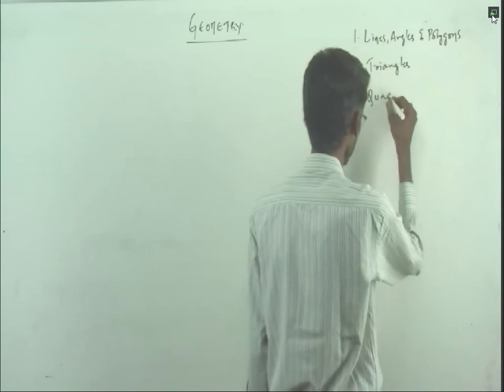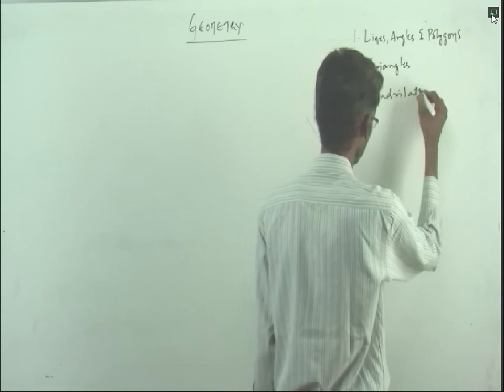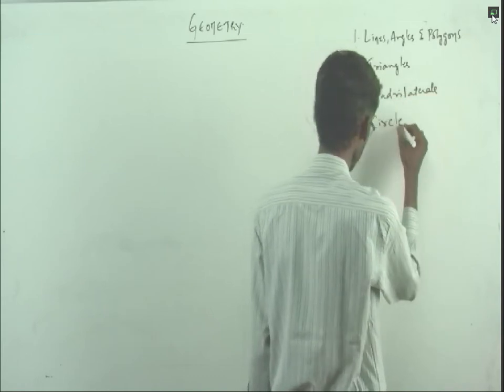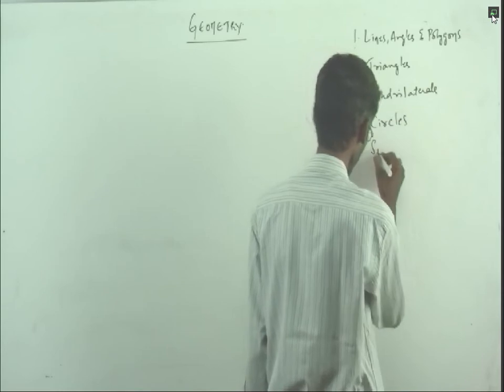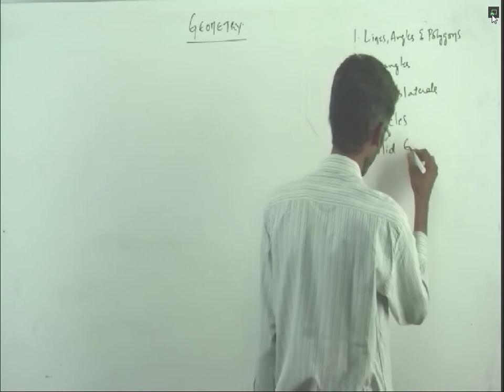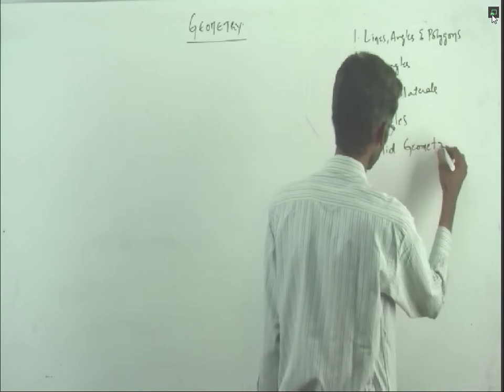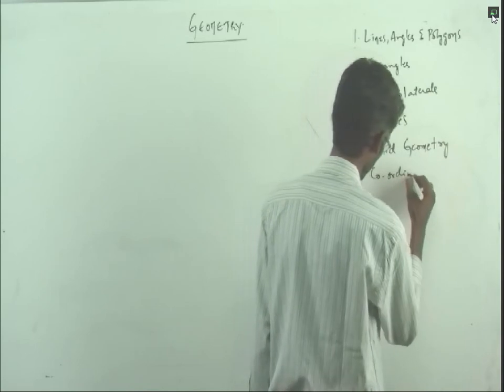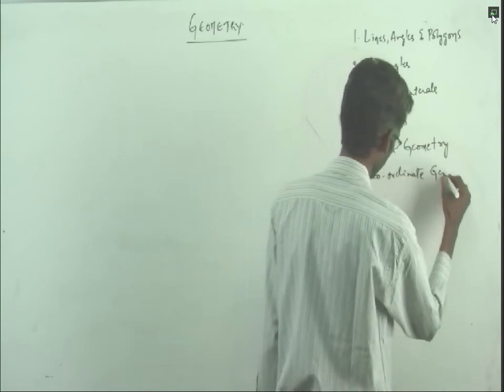Third one, quadrilaterals. Fourth one, circles. Fifth one, solid geometry. And sixth one, coordinate geometry.